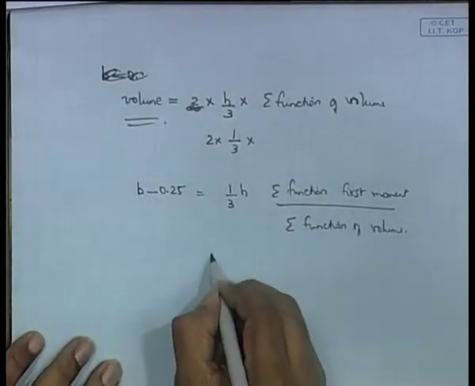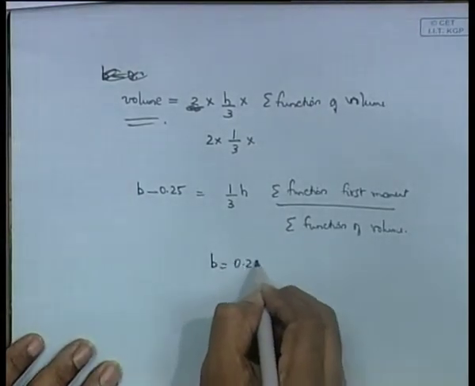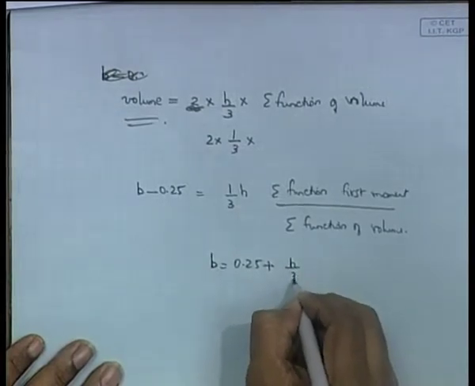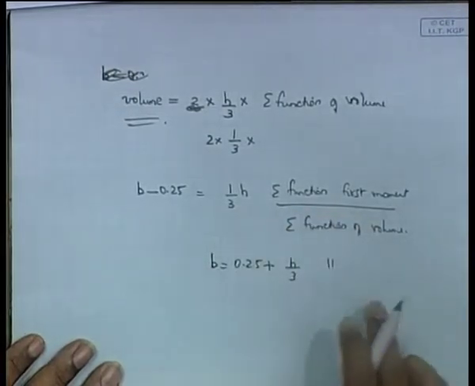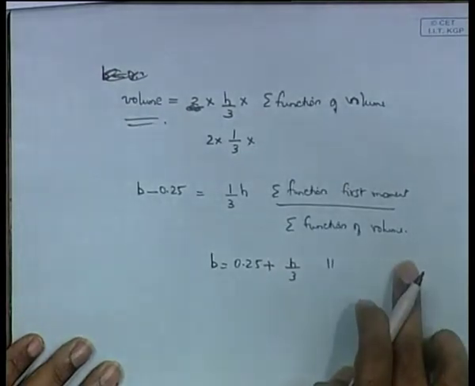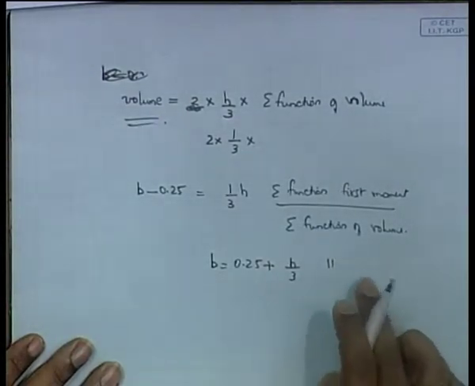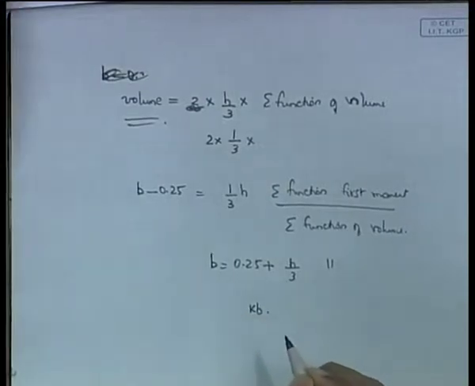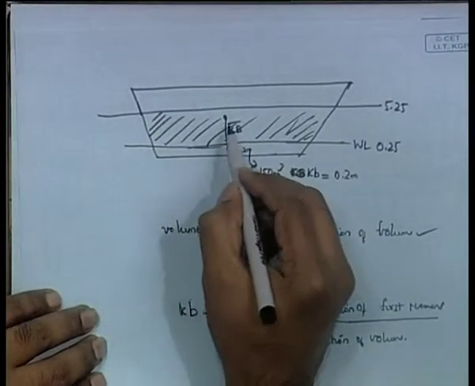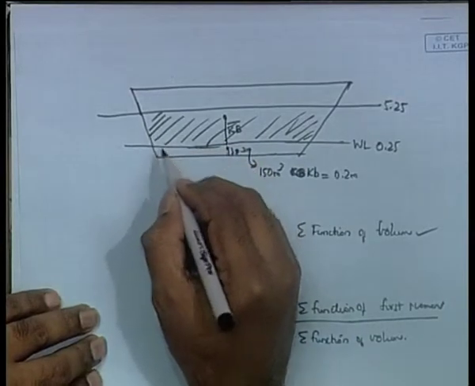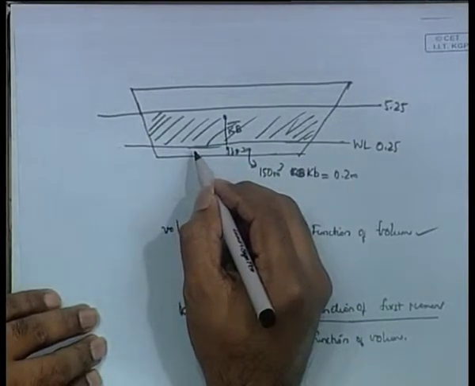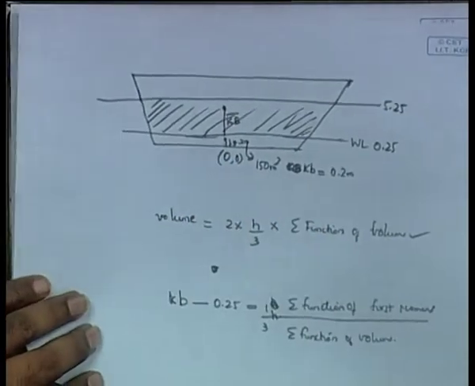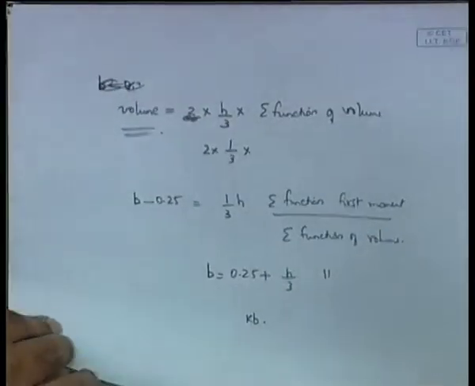So B is equal to 0.25 plus h by 3 into sigma function of first moment divided by sigma function of volume. This gives you the value of KB for this volume above 0.25, based on this as 0. So that gives you one KB.